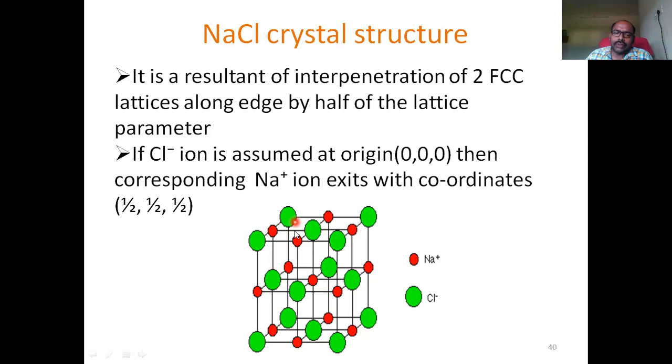If this face is displaced along the positive x-axis by half of the side length, a by 2, we get this one. It is similar to this face, except it is in green and the displaced lattice is in red.